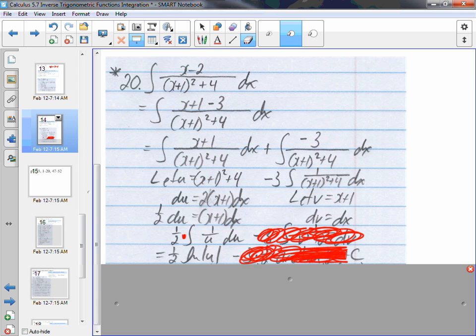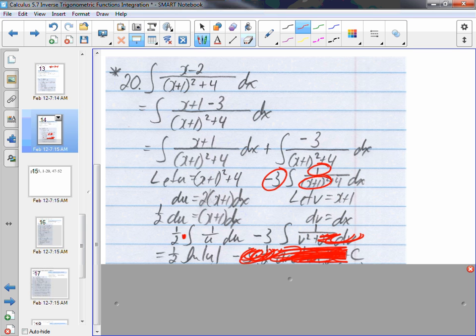Now, let's rewrite this to make it fit. So I've got the -3 out in front times the integral 1 over. In the denominator, instead of x plus 1 squared, we're going to put v squared. And you can write plus 4 if you want to. I'm going to write plus 2 squared so that I remind myself a is 2, dv.